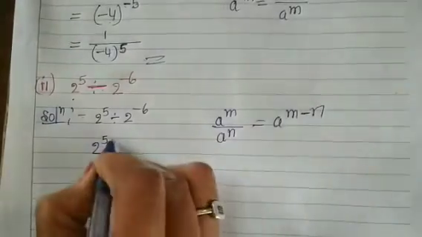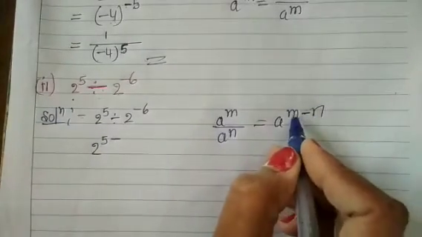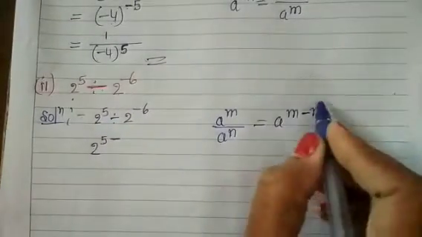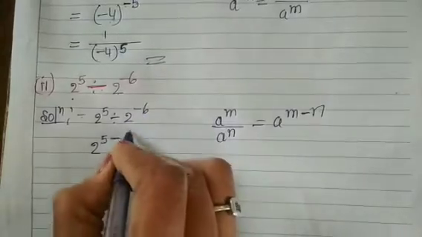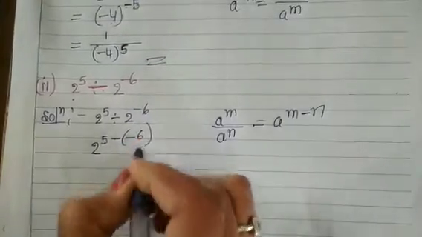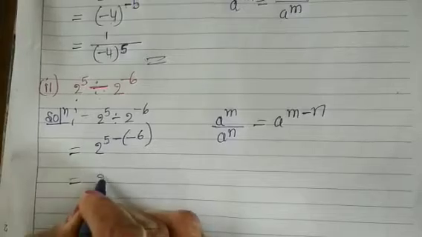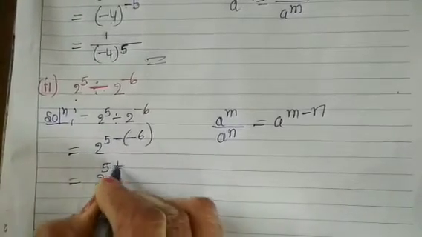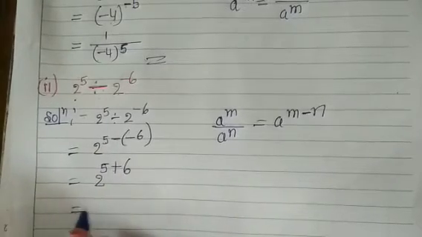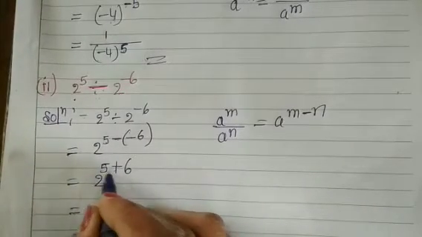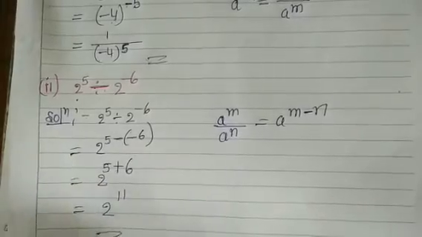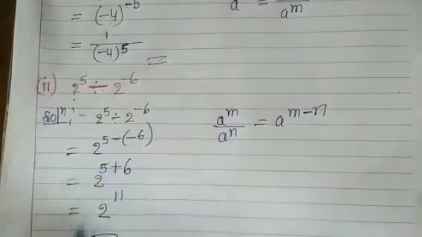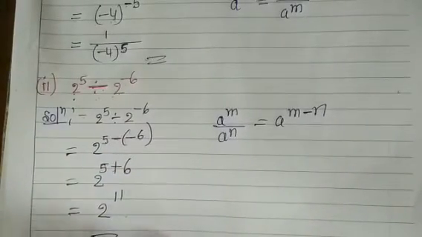The m value is 5, and the n value is minus 6. So 2 to the power 5 minus into minus 6 is equal to 2 to the power 5 plus 6, which is 11. Therefore 2 to the power 5 divided by 2 to the power minus 6 is equal to 2 to the power 11.